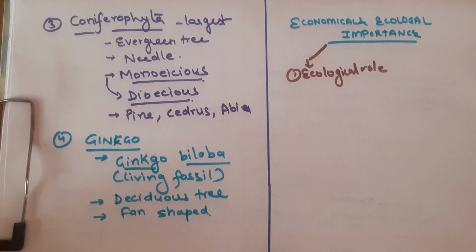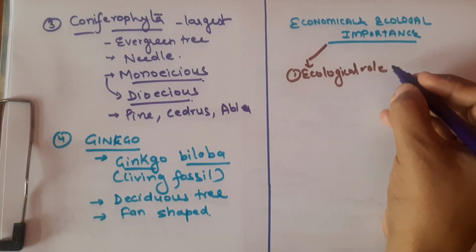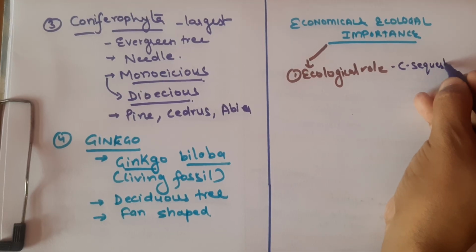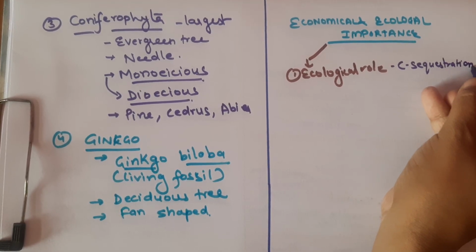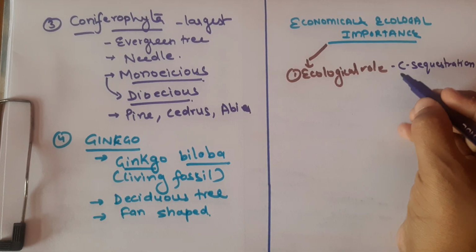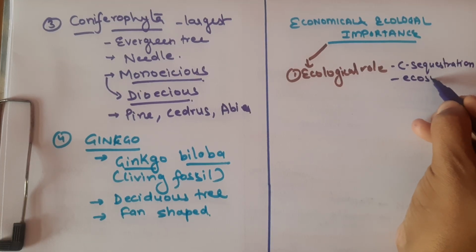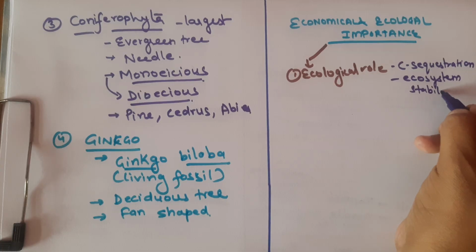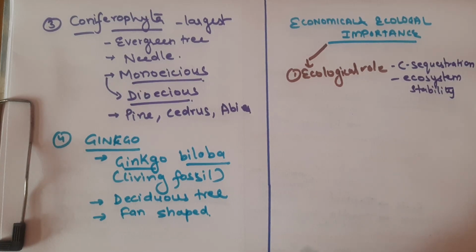So what ecological role do they have? They help in carbon sequestration, and they help in ecosystem stability. And they are the most dominant form of vegetation in any forest.